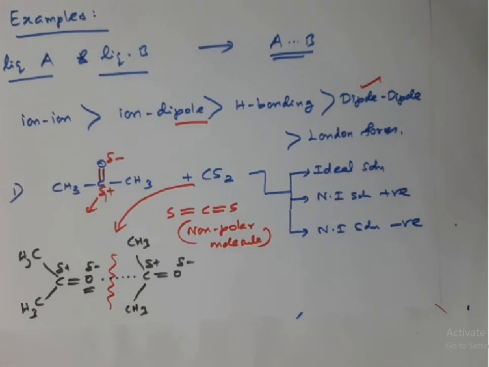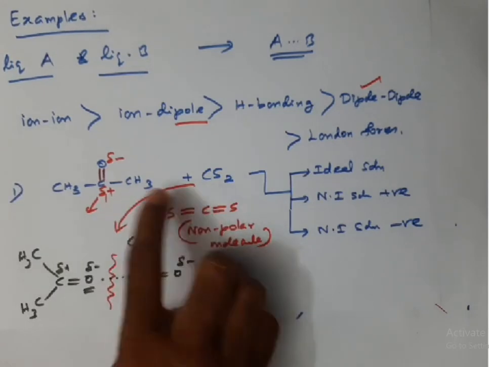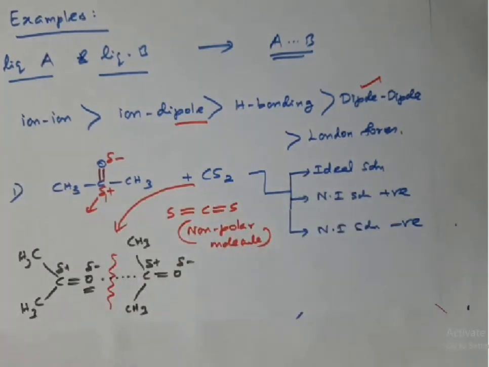Whenever the force of attraction decreases, we call the solution... students, if the force of attraction between A and B is very weak, because this is non-polar and this is a polar molecule, between these two the attraction is very weak.